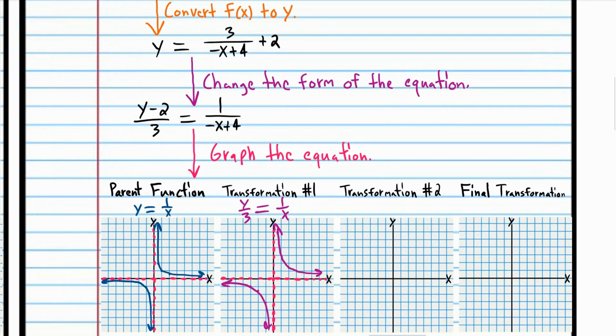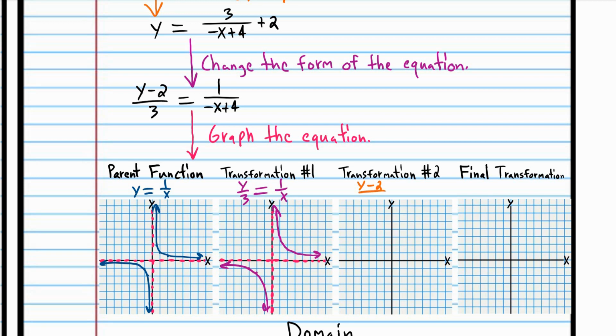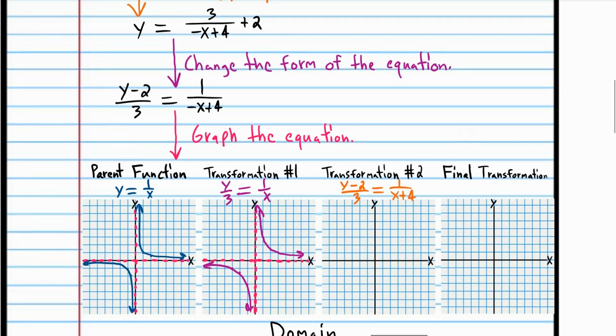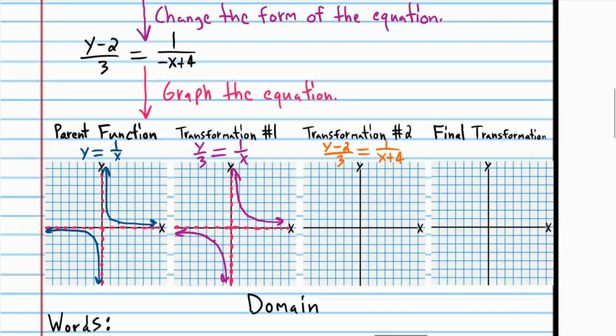Okay, now we're going to reflect. So I'm going to replace x with -x. Actually, no, we cannot reflect. I just realized we can't reflect. We have to translate next. We're going to replace y with y minus 2. And we're going to replace x with x plus 4. And that moves the asymptotes 4 units to the left and 2 units up.